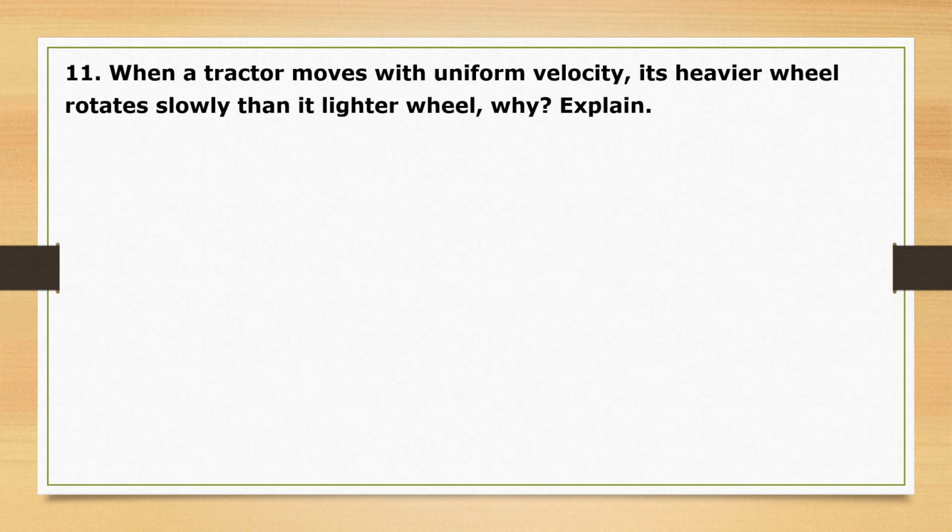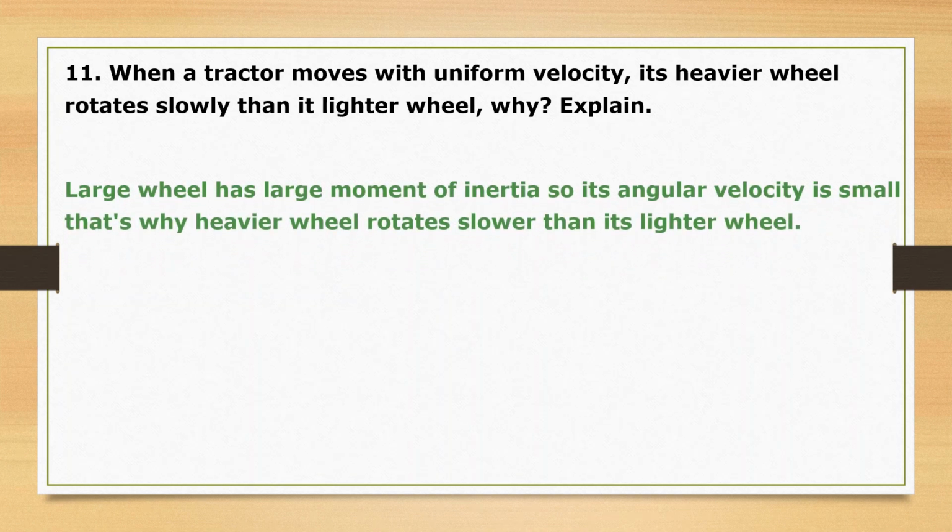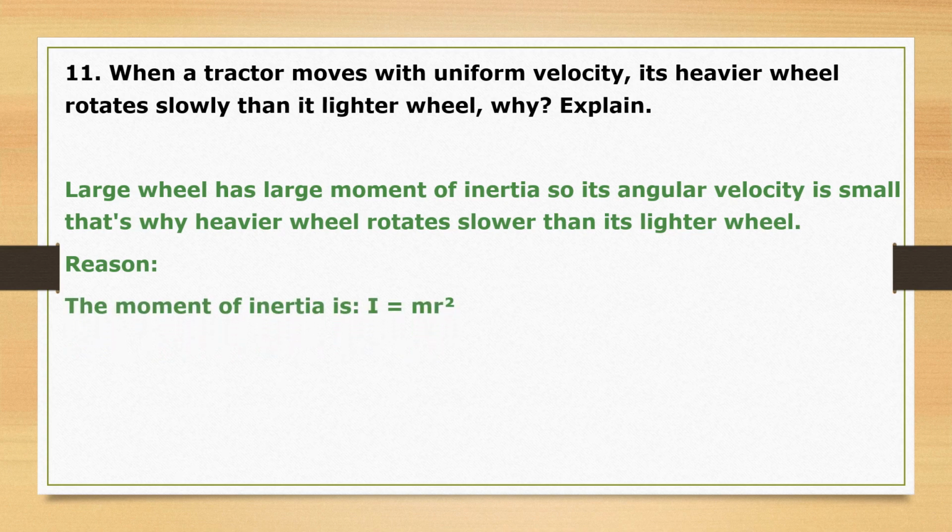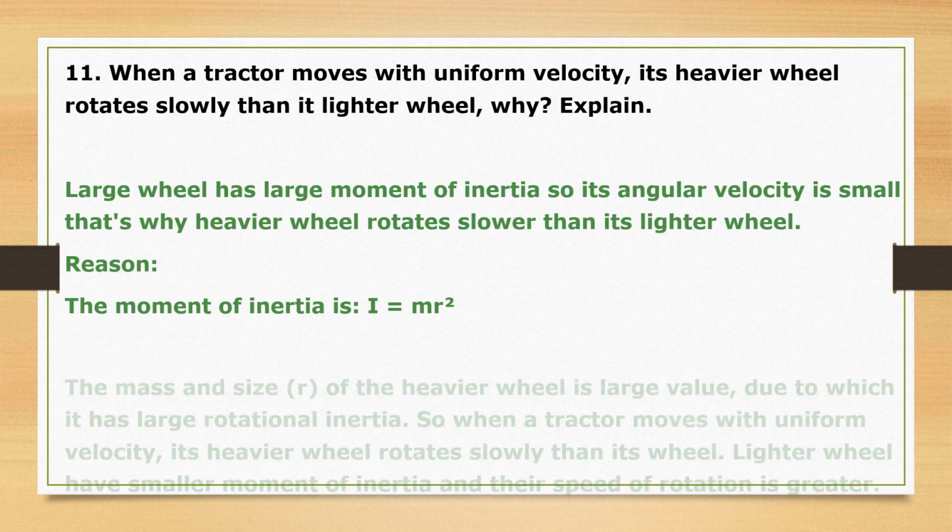Question number 11. When a tractor moves with uniform velocity, its heavier wheel rotates slower than its lighter wheel. Why? Explain. So we know that the large wheel has large moment of inertia, so its angular velocity is small. That's why the heavier wheel rotates slower than its lighter wheel. Reason is that the moment of inertia I is equals to mr square.